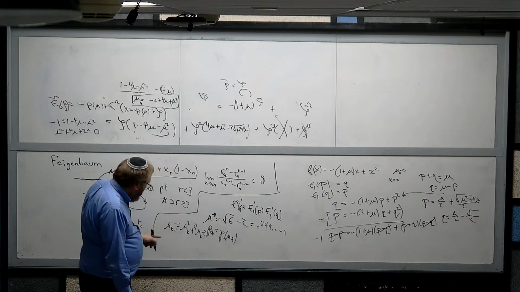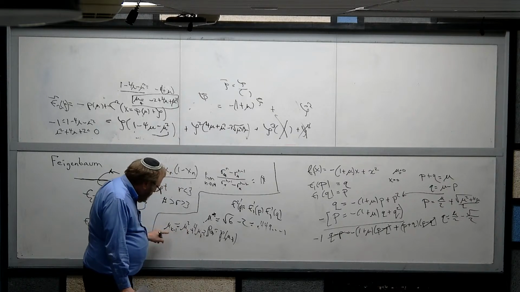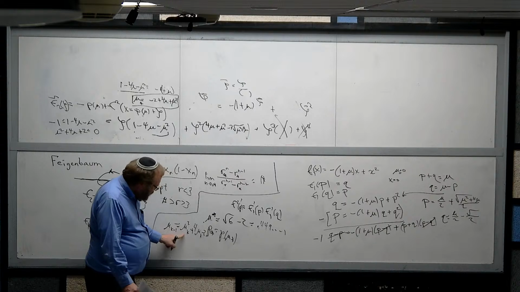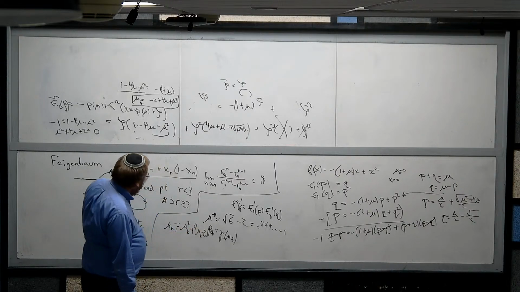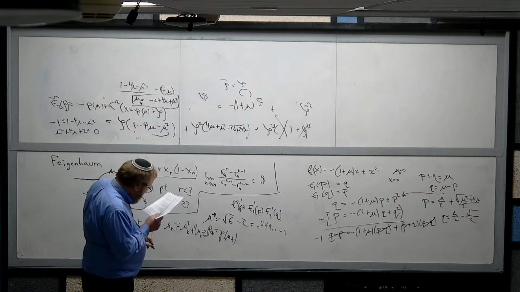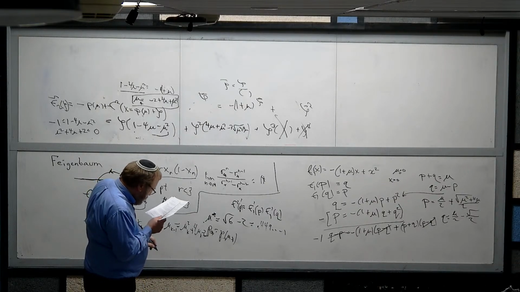Because when this thing equals 0, if k equals 1, this is mu 0. Then this is minus 2, mu squared plus 4 mu minus 2.